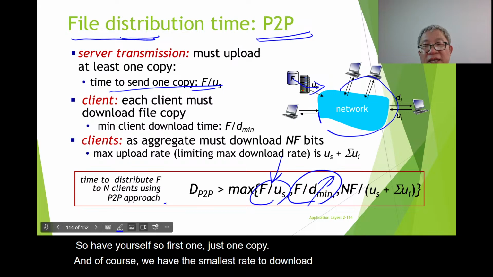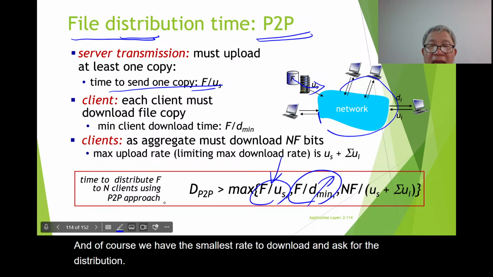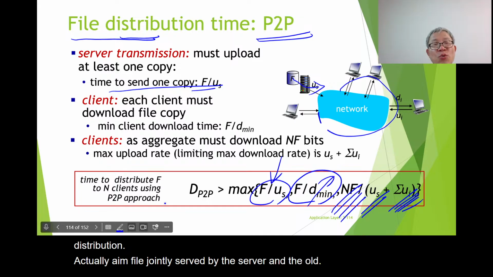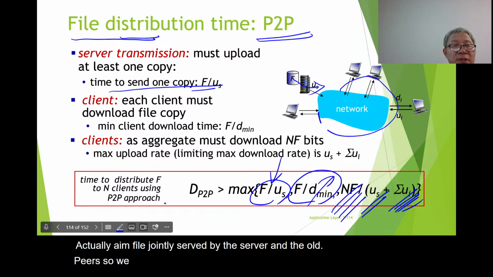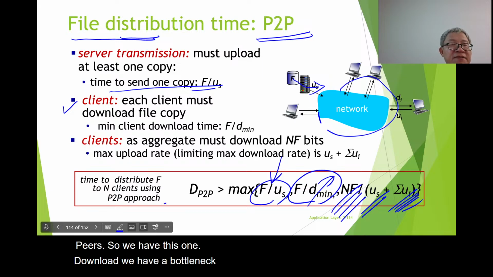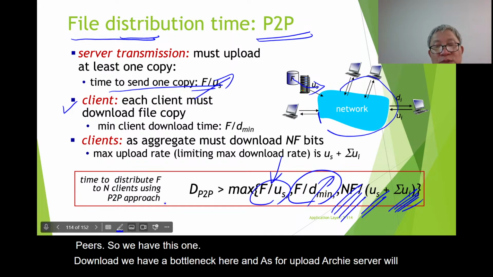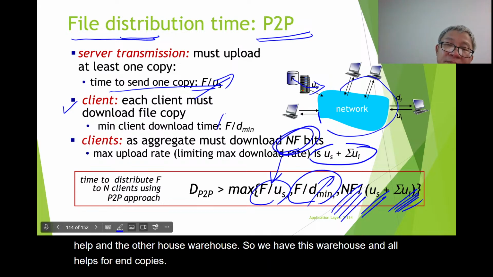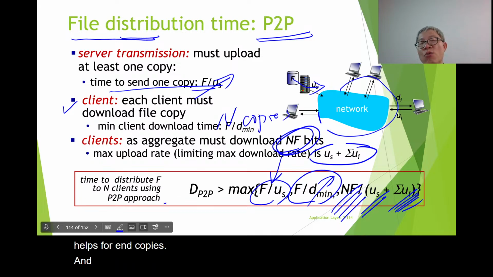As for the distribution, the N file copies are jointly served by the server and all the peers. Download has a bottleneck here. And as for upload, the server will help and the other hosts will help, all helping with the N copies.